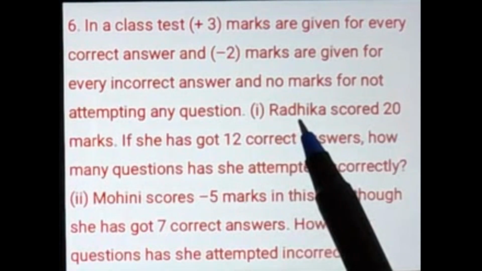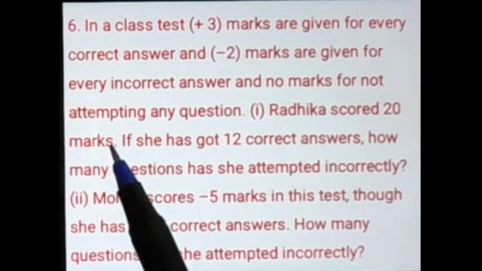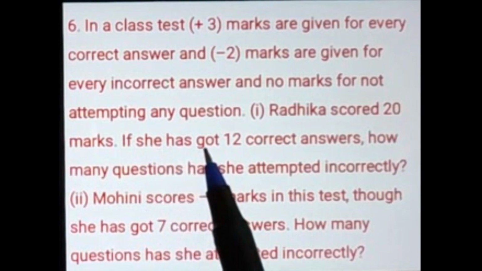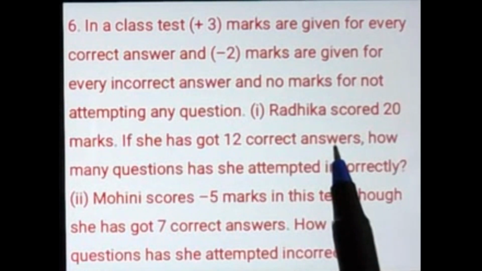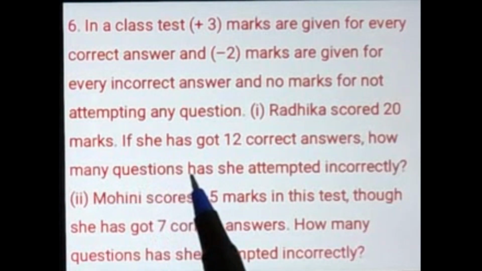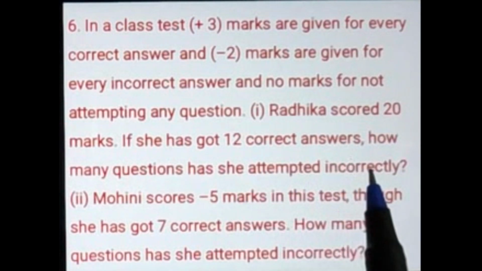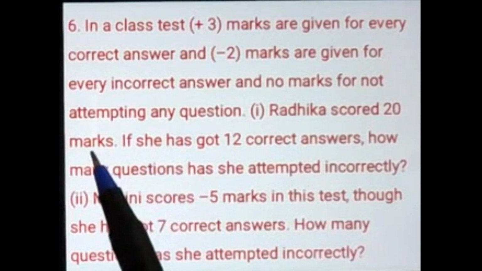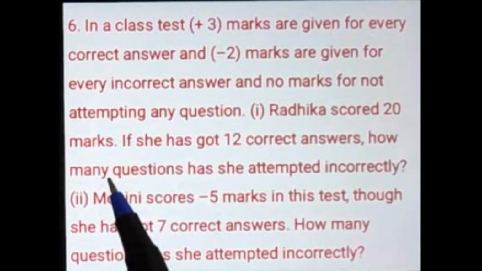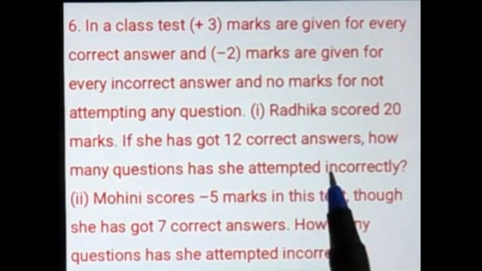Number 1, Radhika scored 20 marks. Alright, Radhika has scored 20 marks if she has got 12 correct answers. How many questions has she attempted incorrectly? Radhika has scored how much? 20 marks. If she got 12 correct answers, how many questions did she attempt incorrectly?